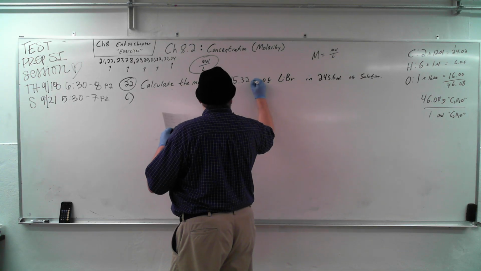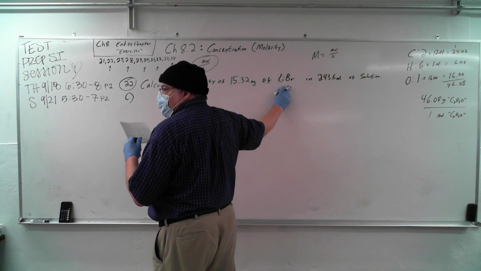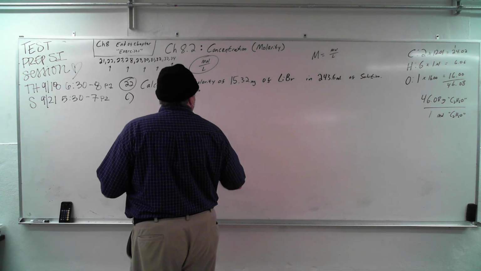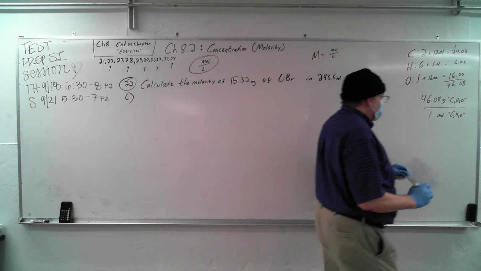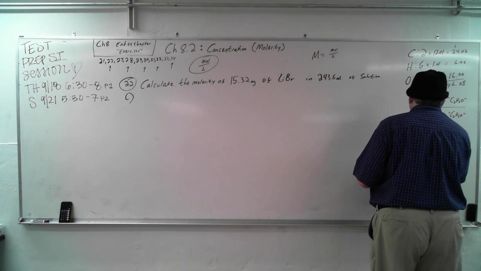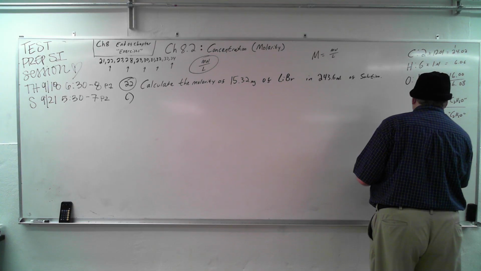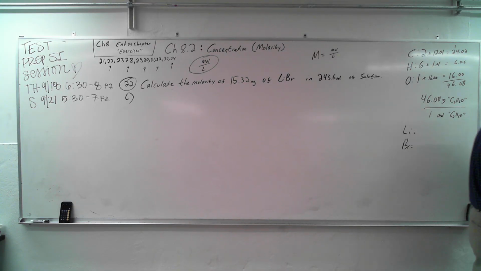This is milligrams, so that tells you you're going to need grams of this. You have to look at the periodic table. Lithium is here, 6.94. Bromine is on the right side, 79.90.